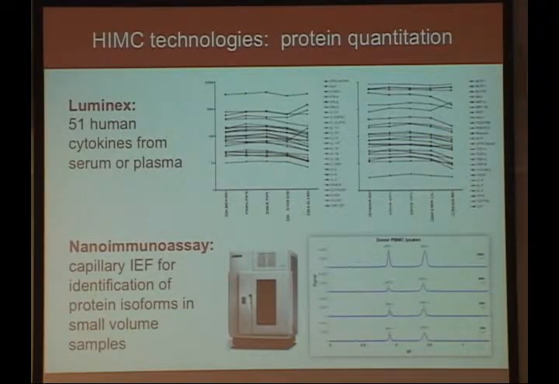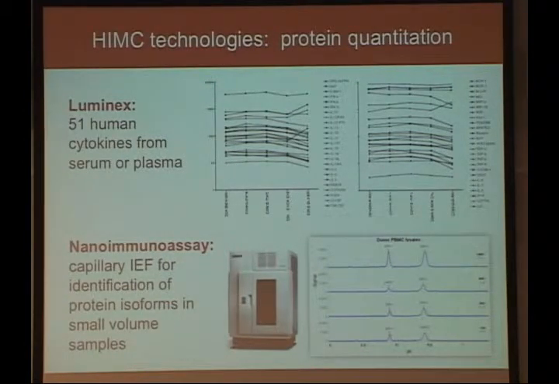Now, we also have a kind of unique platform for doing a nanoscale immunoassay, which is called NanoPro. It's from a company called Protein Simple, and you will hear more about this tomorrow in both the lectures and demos. This is a capillary isoelectric focusing platform which is automated and which allows you to identify proteins of different isoforms.